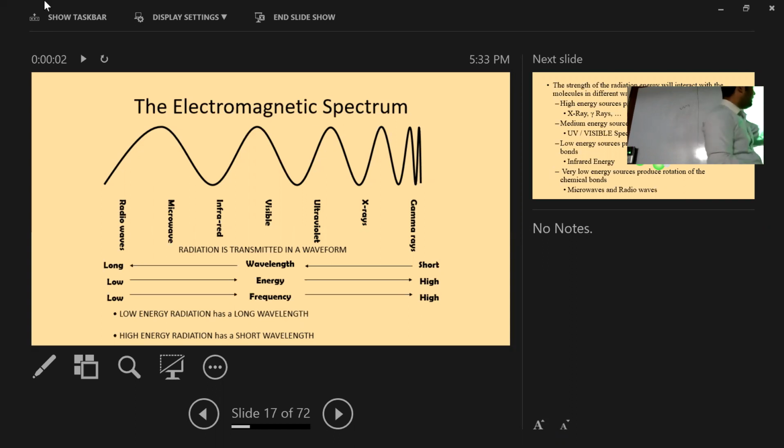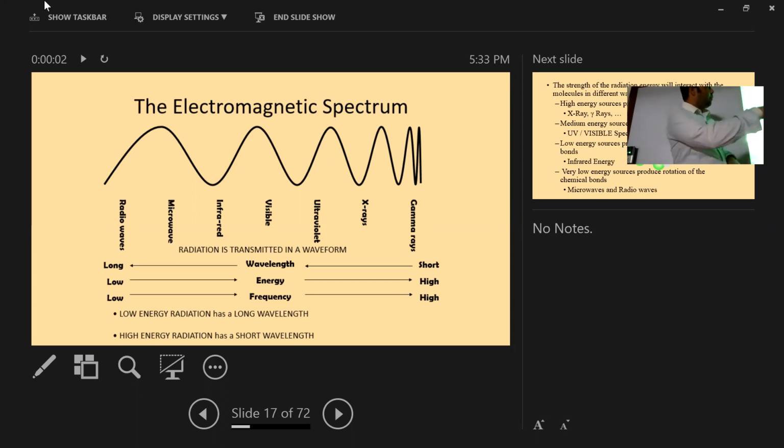That means this energy is very low. This is a little higher. This is even a little bit higher, but still not in the very high range. So if we put this wavelength, it cannot penetrate through my hand.